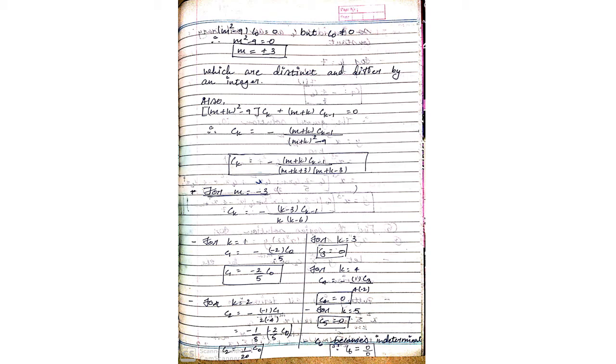There we were finding three terms. In the first and second terms we found c1, and the third term was of s_k, where s_k was an indeterminate form, that is, 0/0 form.